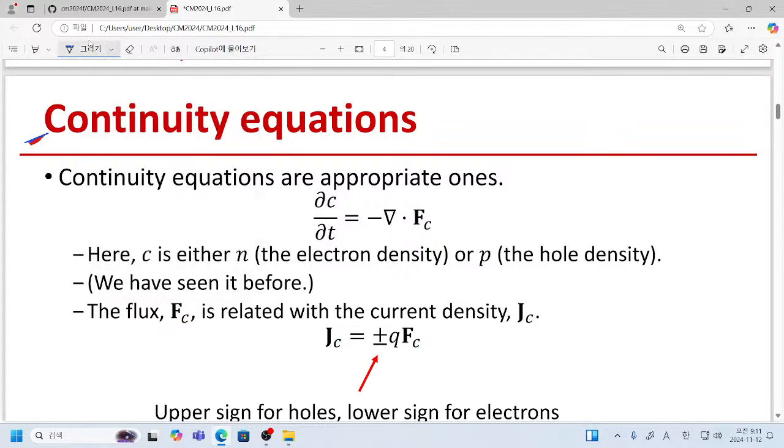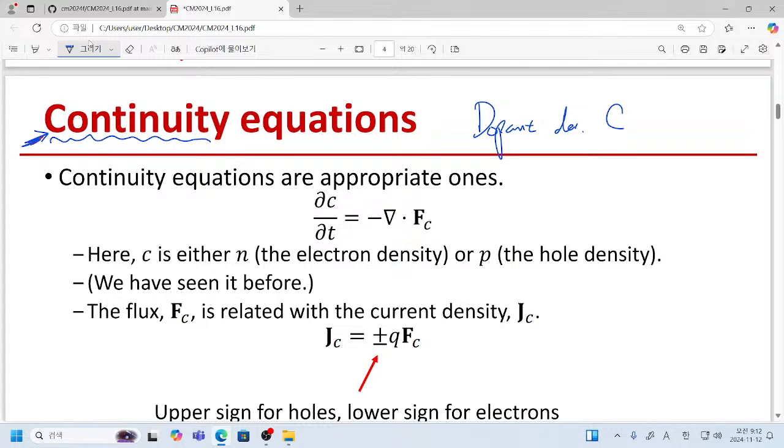Do you remember, for diffusion simulation we had to solve the continuity equation for dopant density C, and now we must solve the continuity equation for electrons and the continuity equation for holes, so they share the same form. It is because this continuity equation is quite general.